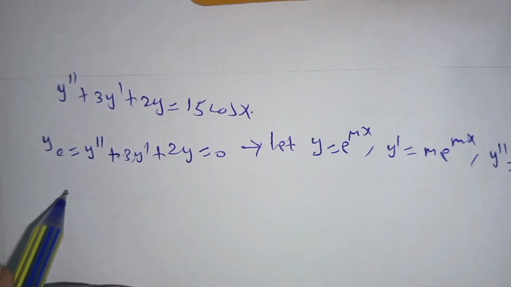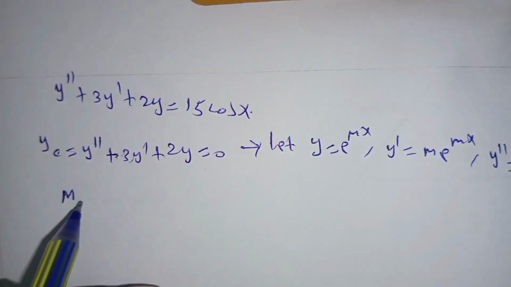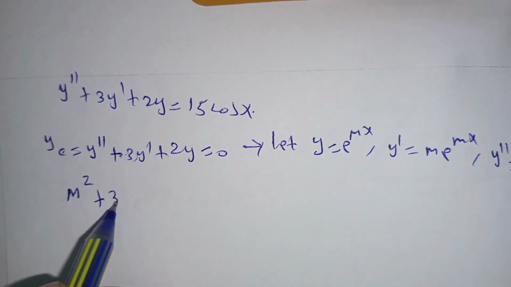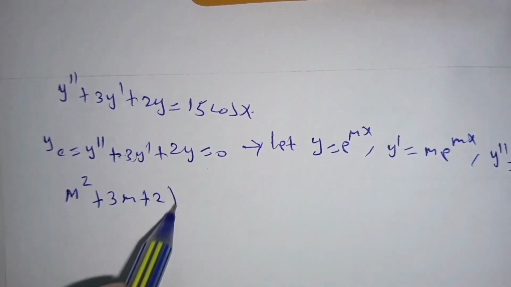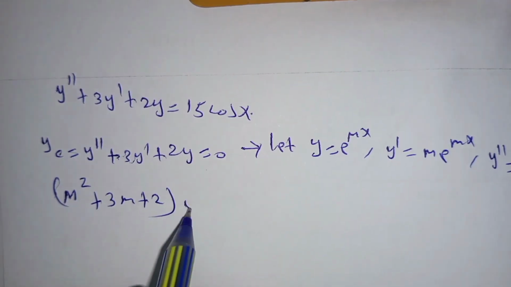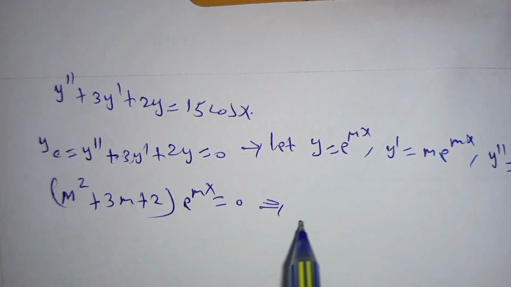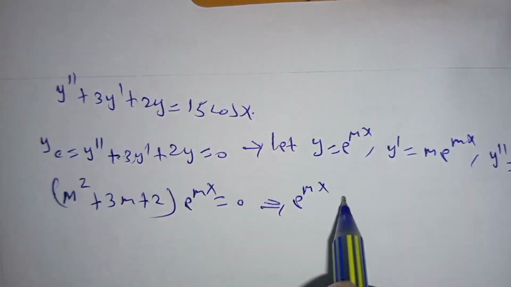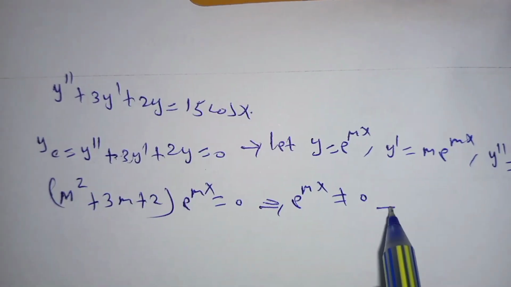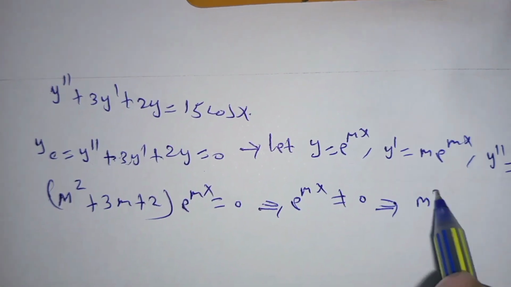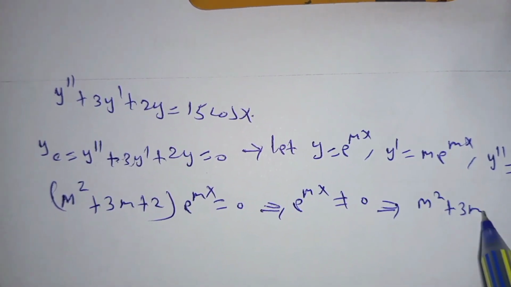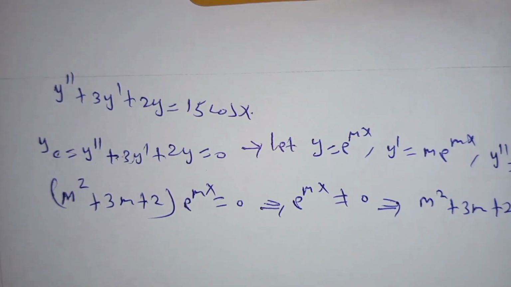So we substitute y double prime here, which gives m squared plus 3m plus 2, and we factor out e^(mx), which is equal to 0. We note that e^(mx) cannot be equal to 0, which tells you that m squared plus 3m plus 2 is the one which is equal to 0.